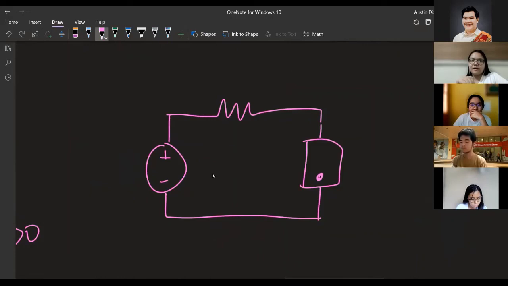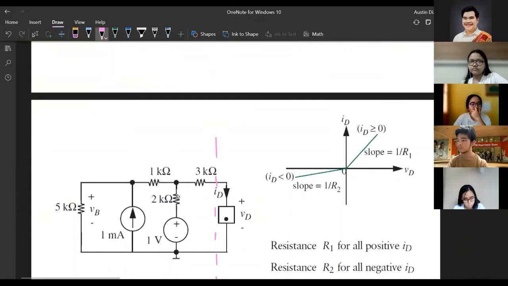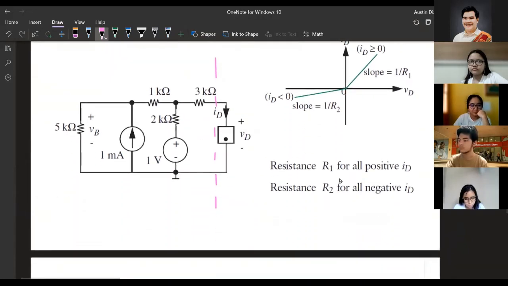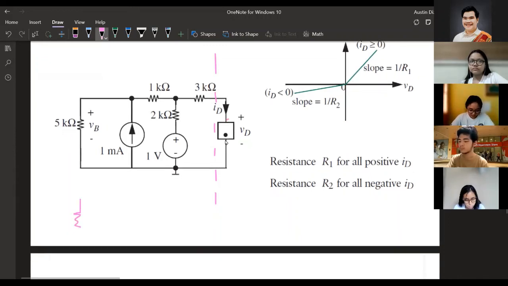And kung positive ito, greater than 0, I know my current flows clockwise. Therefore, ID is positive. Kapag ID is positive, R1 na yung pwede ko i-replace sa kanya. So my circuit becomes like this.